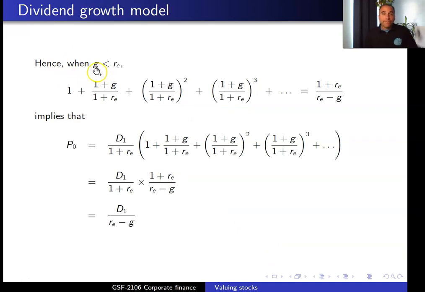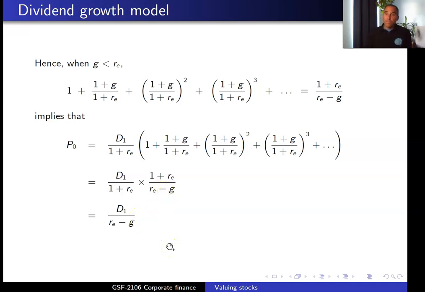So whenever G is strictly smaller than RE, the summation 1 plus G over 1 plus RE plus 1 plus G over 1 plus RE to the power 2 plus 1 plus G over 1 plus RE to the power 3 and so on into infinity is equal to 1 plus RE over RE minus G. Since P0 is D1 over 1 plus RE times the summation we just solved, we replace that summation by the solution we just found.